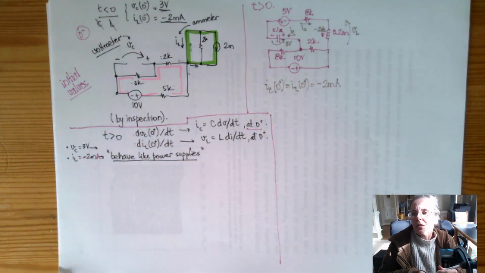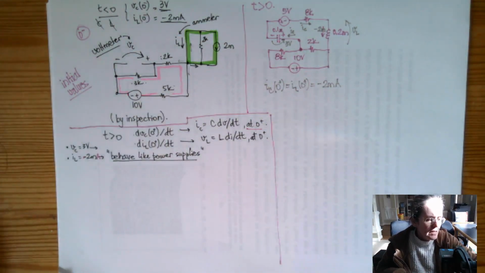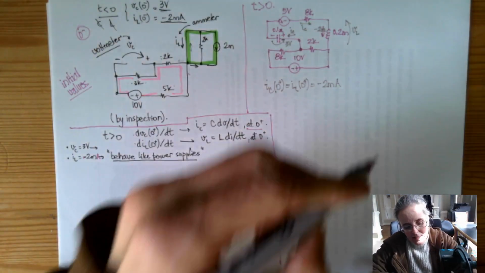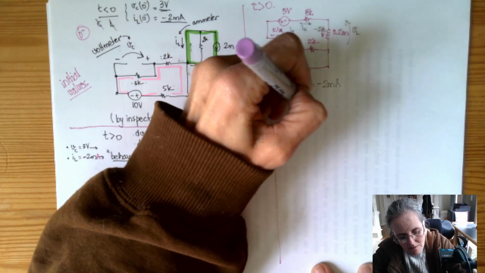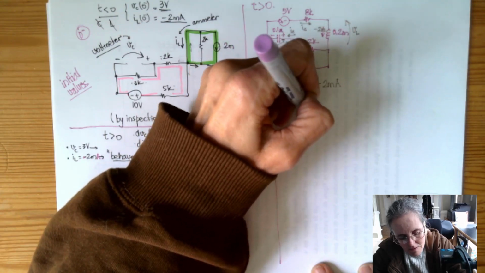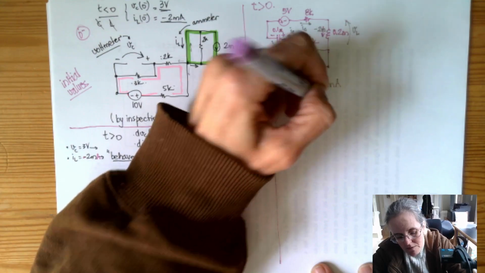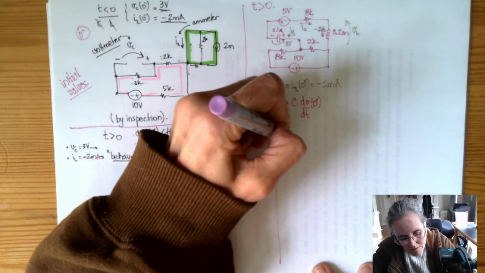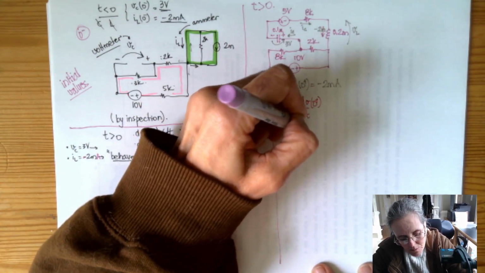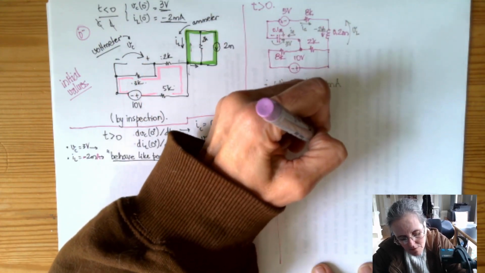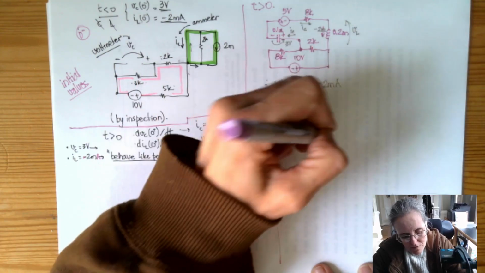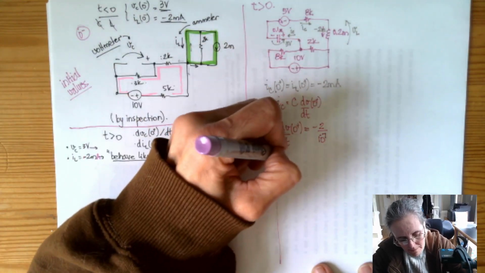Then I can use IC equals C dV/dt, and I'm interested at 0 plus, and therefore dV/dt at 0 plus will be minus 2 milli divided by 0.1 micro, which is 10 to the minus 7.